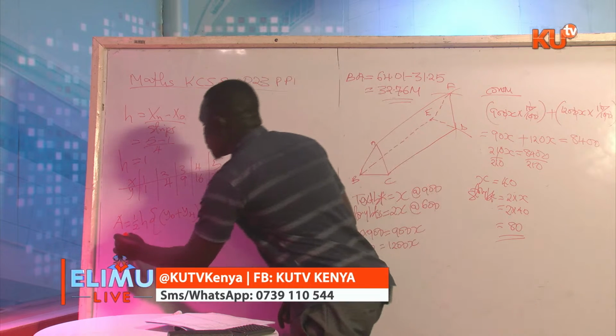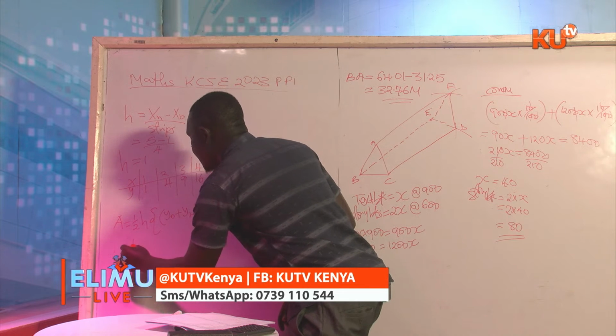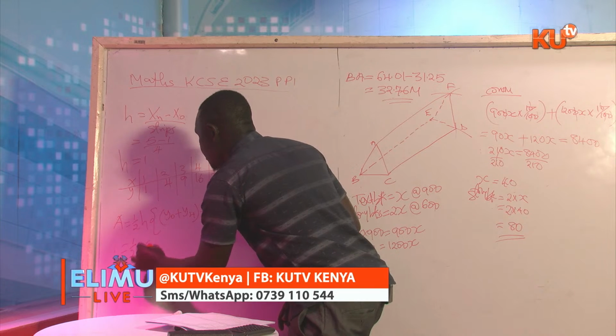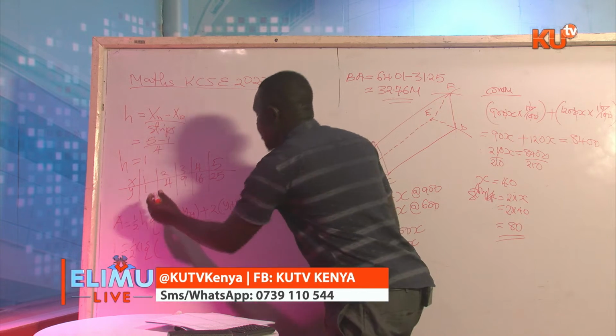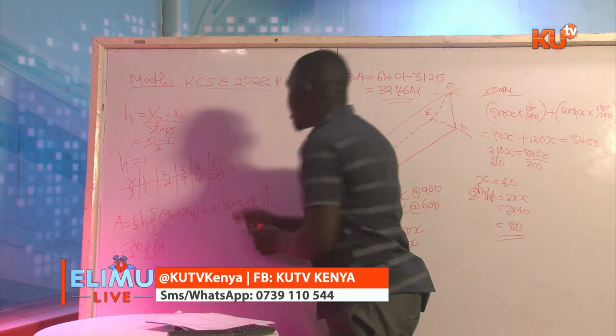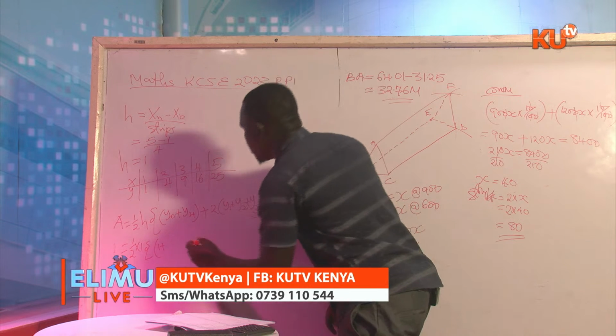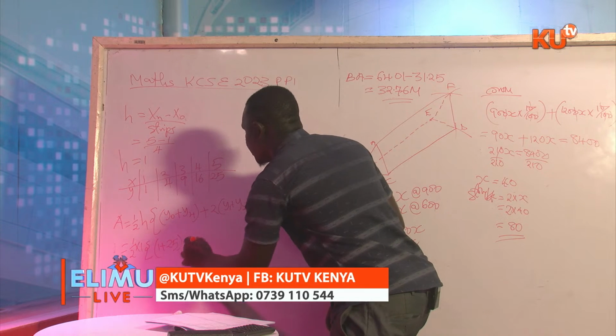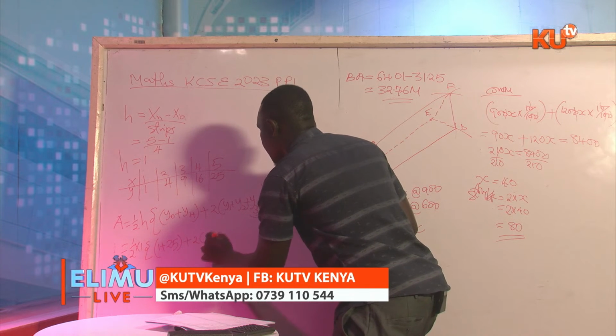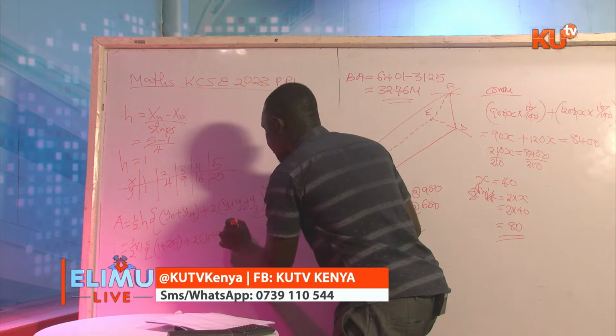That's the formula. So you do substitution. This is a half times h, which is 1, into y naught, which is 1, plus yn, which is 25, plus 2 into 4 plus 9 plus 16.